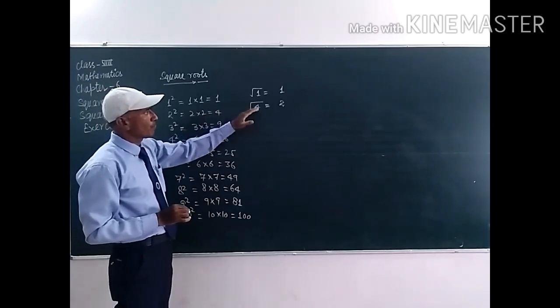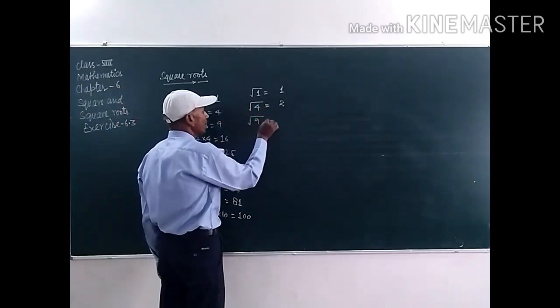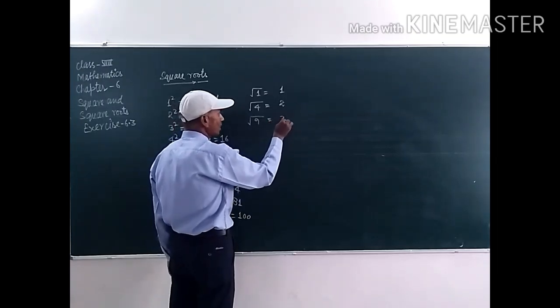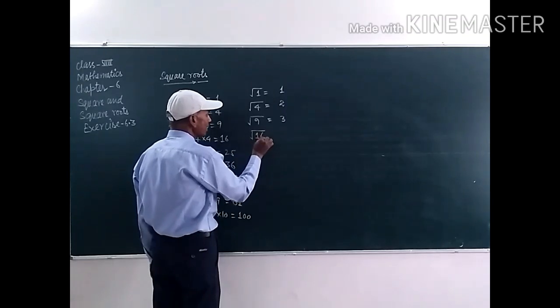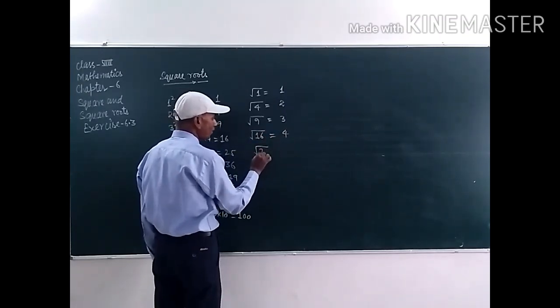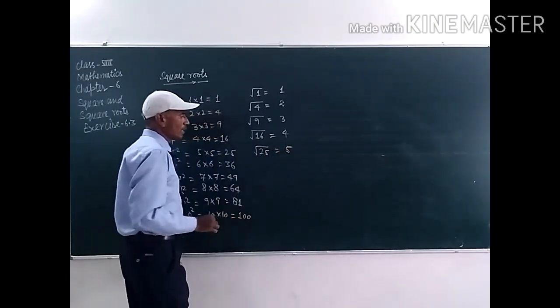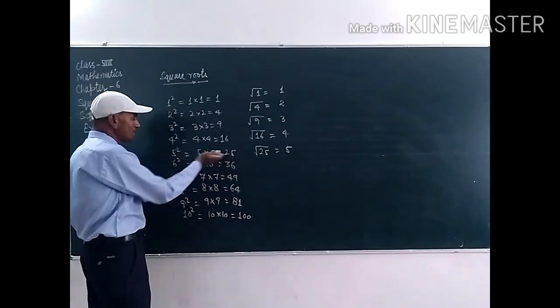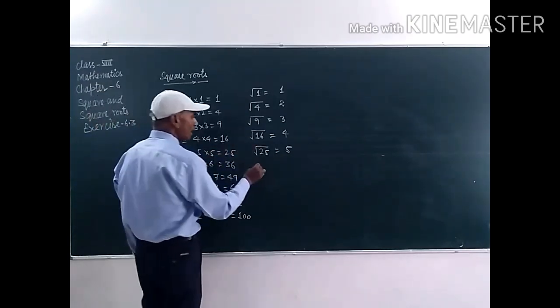The square root of 9 is equal to 3. The square root of 16 is 4. The square root of 25 is equal to 5. Clear, student? Because 25 is the square of 5, the square root of 25 is 5.